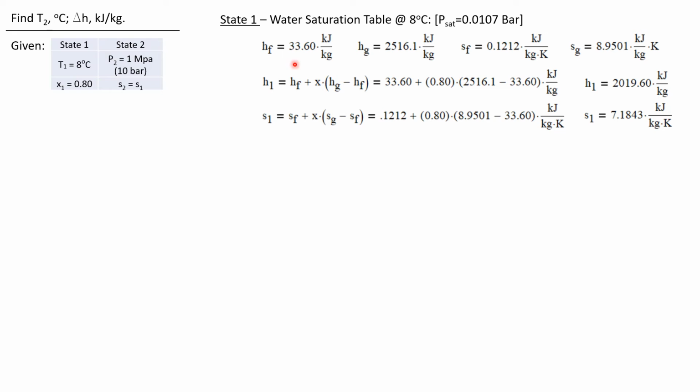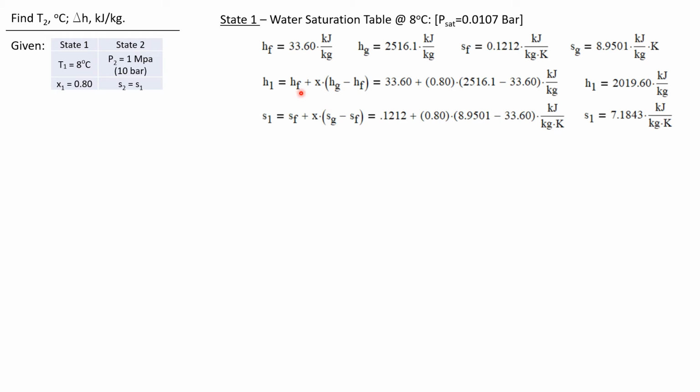So let's get values for state 1. We're going to go to the water saturation table at 8 degrees centigrade. And it's notable that the saturation pressure there is 0.0107 bar. So we're going to grab values for H sub F, H sub G, S sub F, and S sub G. And knowing the quality, we can calculate the state 1 values of enthalpy and specific entropy.